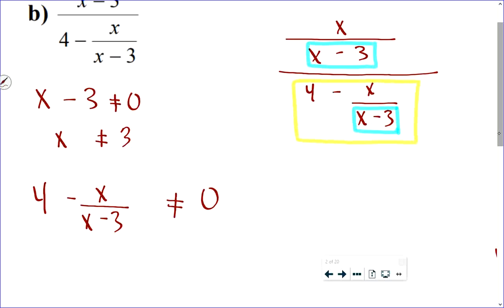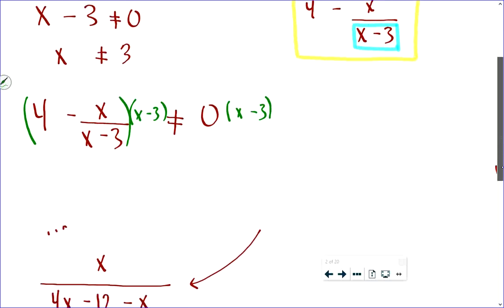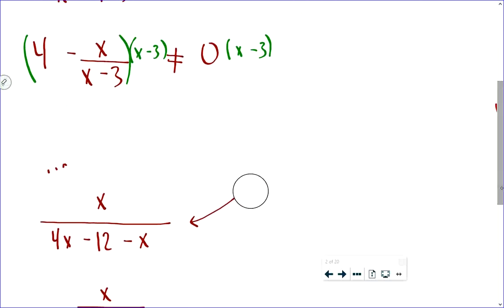I don't have a top and a bottom, but I have a left and a right. So I can multiply the left side of this equation and the right side of the equation by that denominator of x minus 3. On the right-hand side, 0 times x minus 3 is still 0.